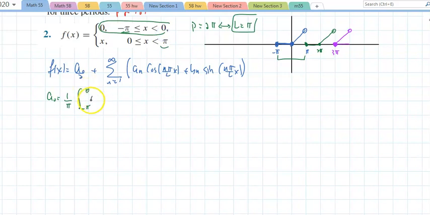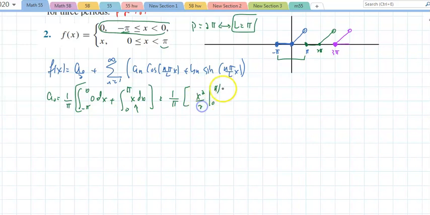From negative pi to 0, it's going to be 0 times 0 dx, plus the integral from 0 to pi of x dx, and that turns out to be 1 over pi times x squared over 2 evaluated from 0 to pi, and that turns out to be 1 over pi times pi squared over 2 minus 0, so that turns out to be altogether pi over 2.